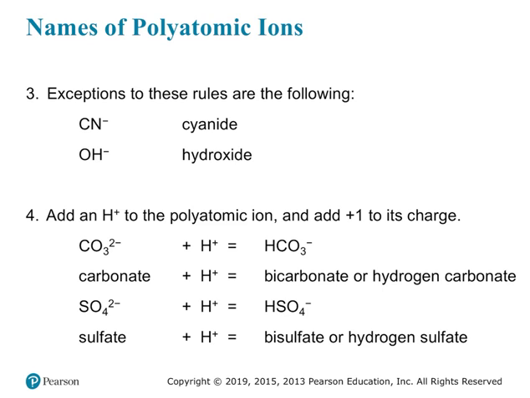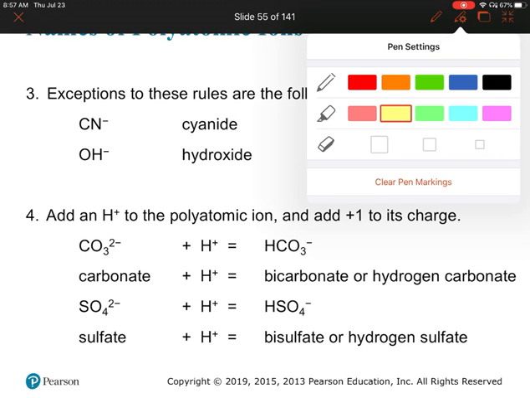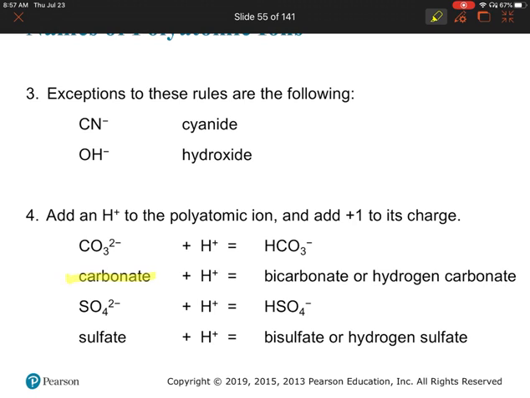Now, what if we add a hydrogen ion to our polyatomic ions? This is possible. This happens in our bodies, for instance, or if we eat Tums, we might have something like a carbonate ion shown below. And this carbonate ion can attack acid by pulling in some hydrogen ions, which are present in an acid.